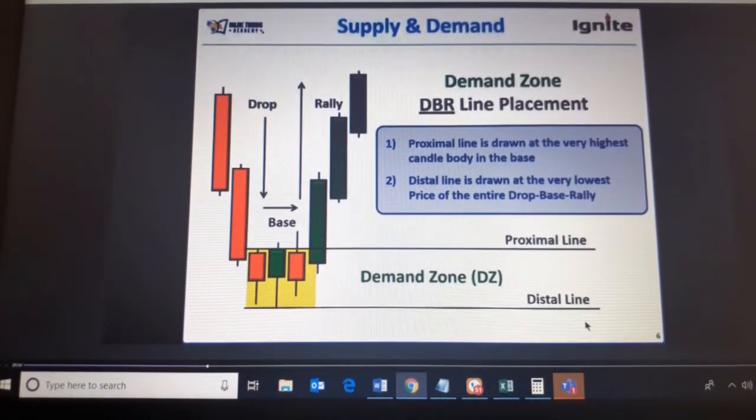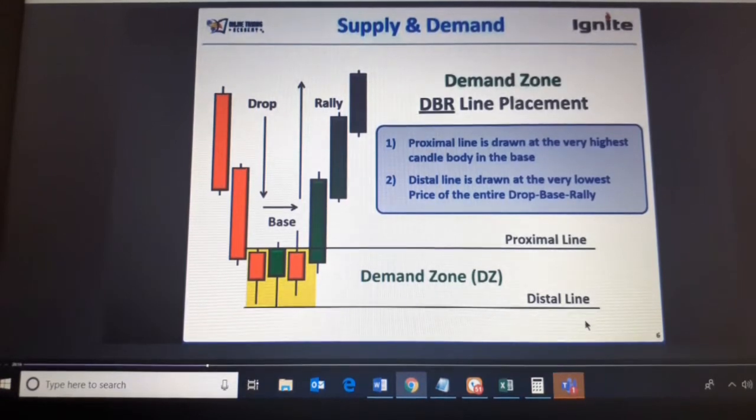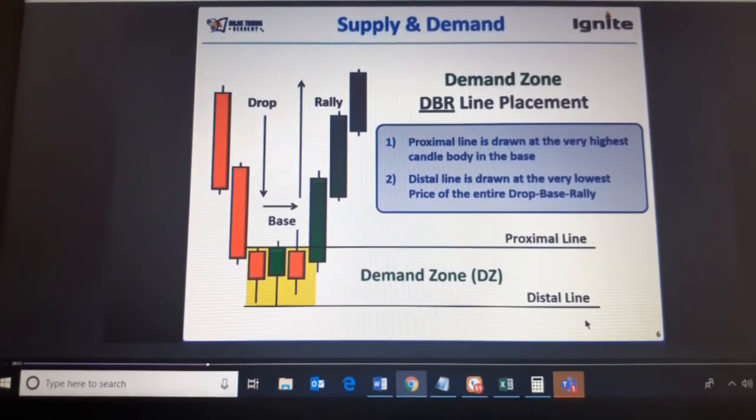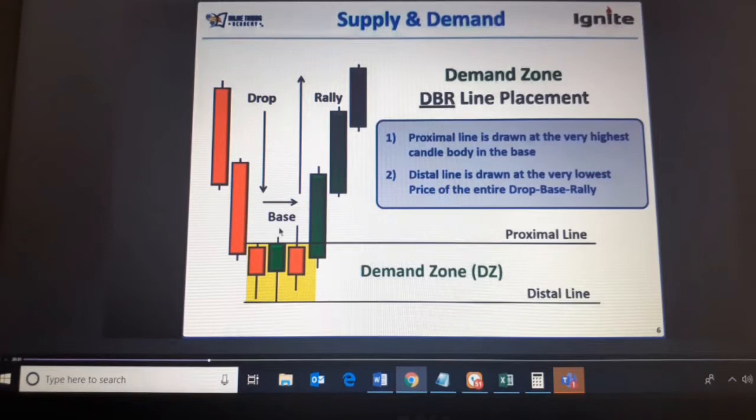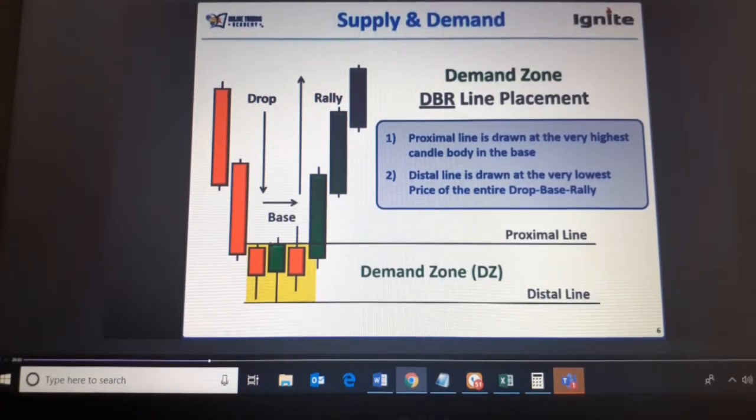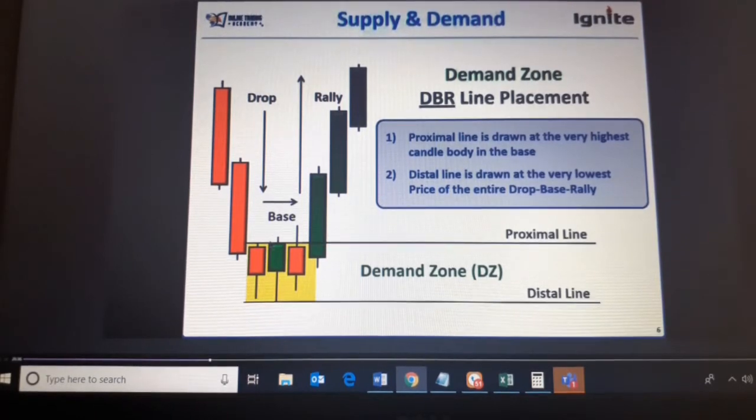Yes, in the case of a reversal pattern, the distal line should be drawn at the lowest wick of the entire drop base rally, Madhuri. Whichever candle has the lowest wick.